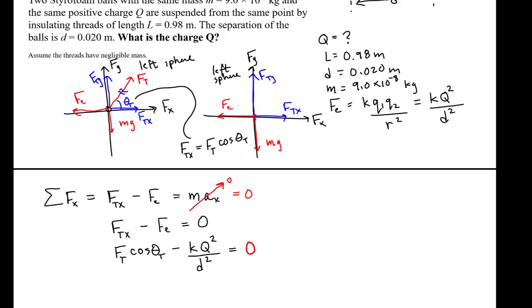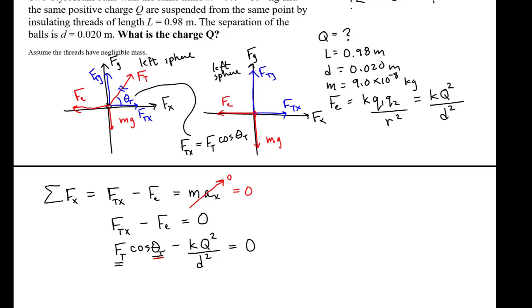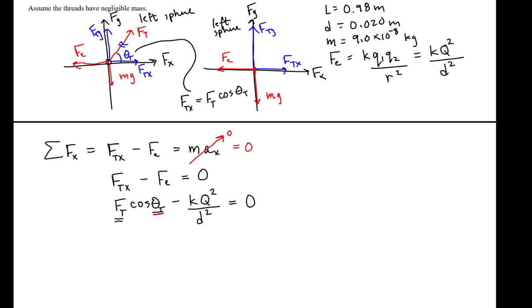What we don't know is the force of tension, nor do we know the angle that the string makes with the x-axis. However, we have enough information to determine the angle, and we have enough information to determine the force of tension. So for now, I will just put that aside. I'll go ahead and call this equation 1.